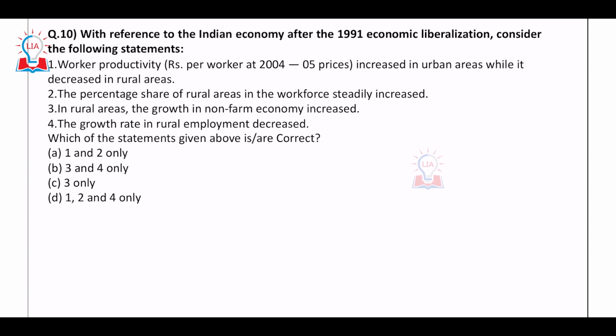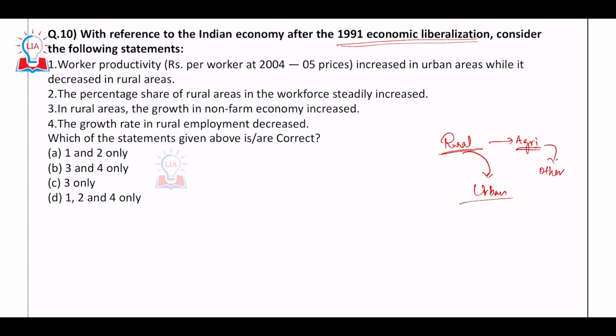Okay. So, the Indian economy after the 1991 economic liberalization, consider the following statements. One thing is for sure, after 1991 more people moved away from the rural areas towards the urban areas. This we know for sure. The rural areas which were highly dependent on agriculture did go for other employment opportunities as well.